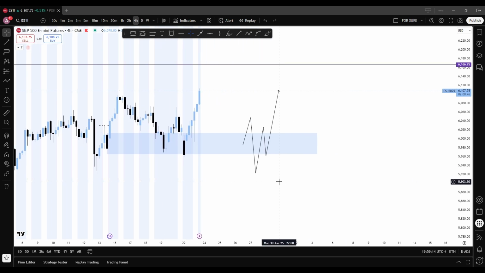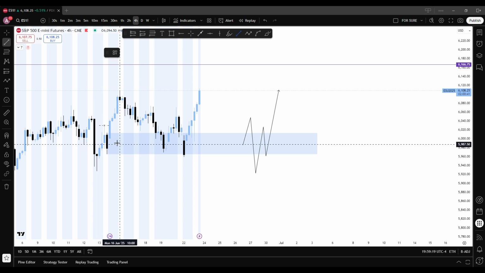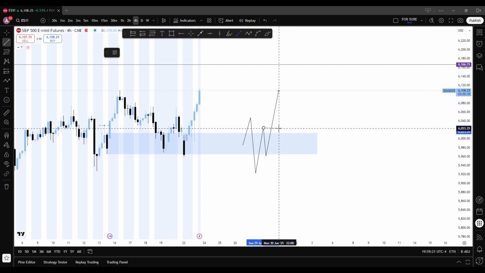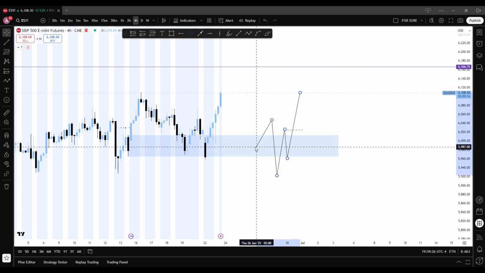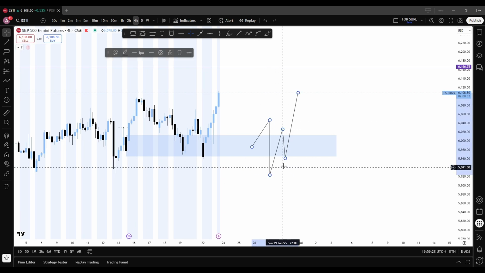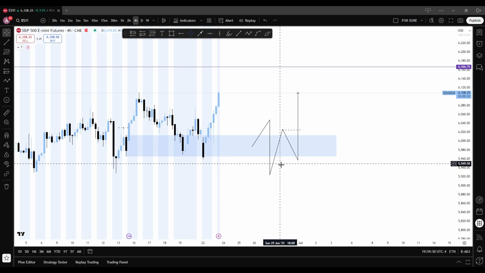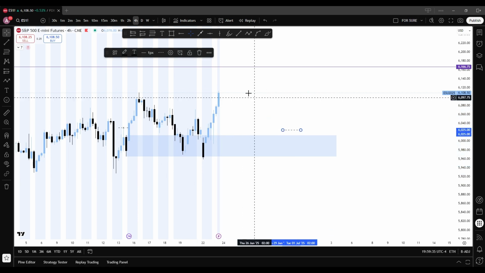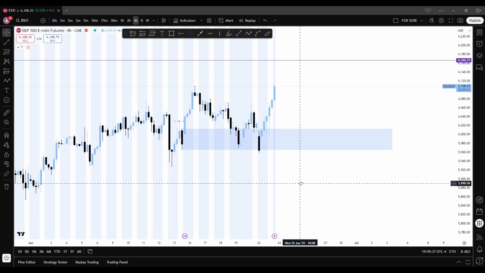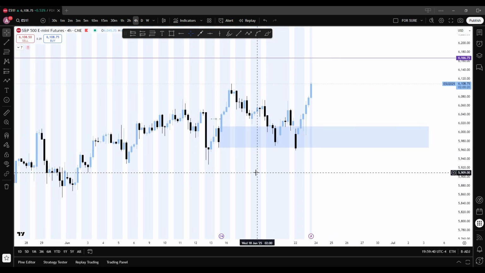This is what it is. So if it's easier for you to see it like that, go ahead and use the path tool, that way you can see it. Let me just make it a little bit bigger. That looks kind of weird, but you get what I mean. It's a lot easier to see. So this is a breaker structure.